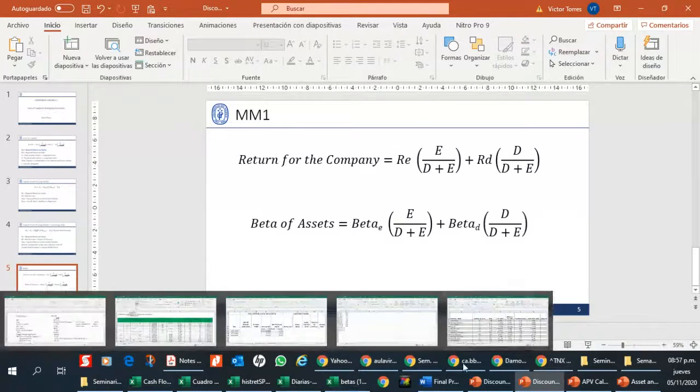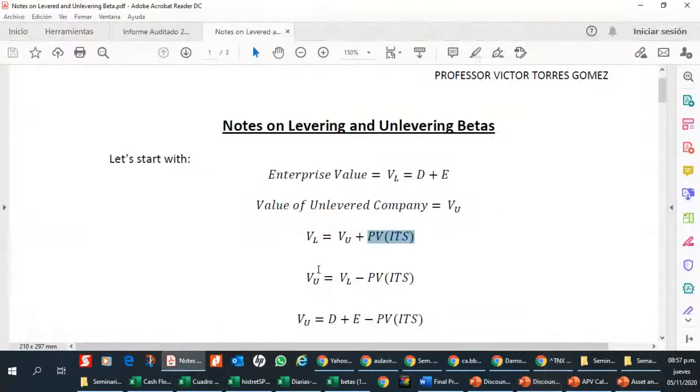So we are going to continue with this idea, and we said, okay, I'm going to calculate the enterprise value of my company, and it's going to be the value of a company that does not have any debt, plus the present value of these interest taxes that I'm getting from that additional debt that I'm going to put on top of my company that did not have any debt before.